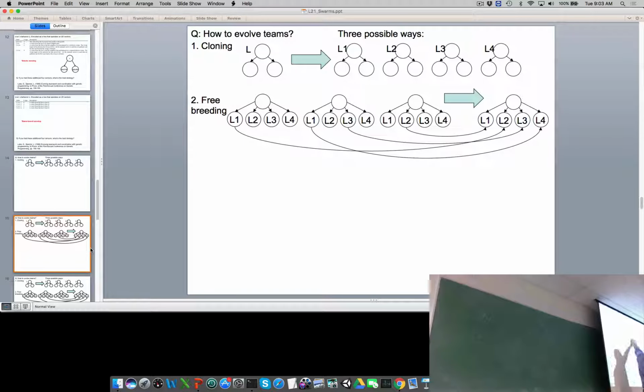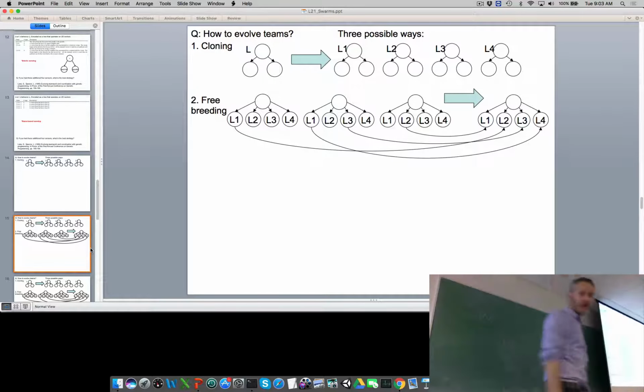We take the subtree for lion 1, we make a copy of it, we mutate it, and we plug it in as the controller for lion 2. We pick another subtree at random from another genome, we copy it, we mutate it, we plug it in somewhere else, and we keep going until we've created 4 mutant subtrees, put them together, and we now have a new child genome.